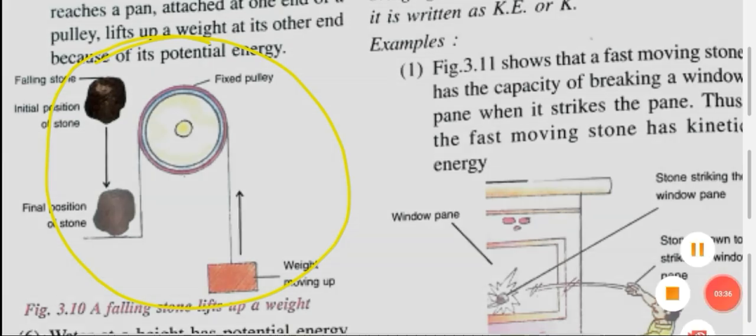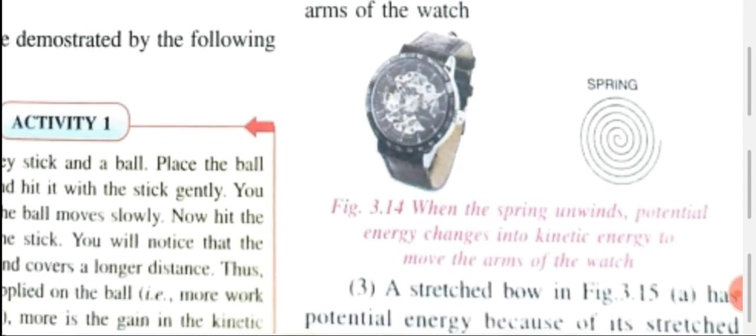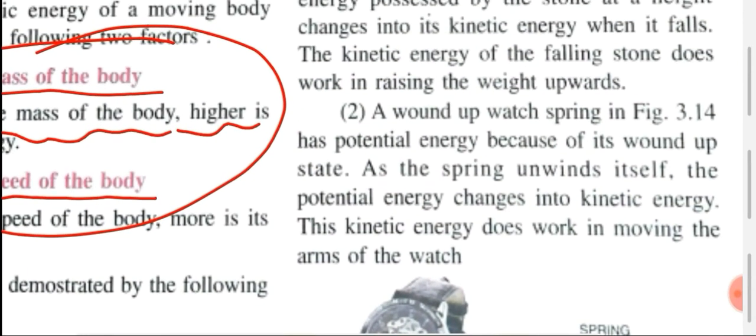Okay, students. Now the second example is a wound up watch spring. A wound up watch spring, figure 3.14, please observe. Clear? A wound up watch spring has potential energy because of its wound up state.